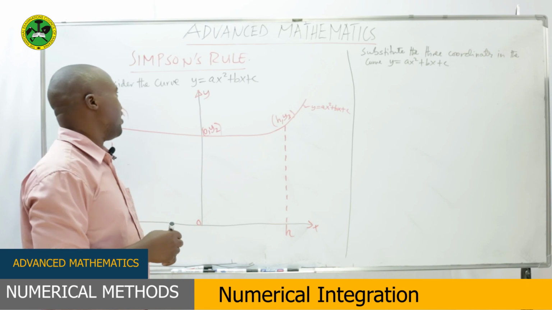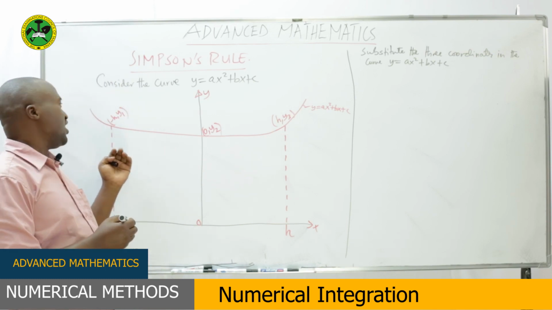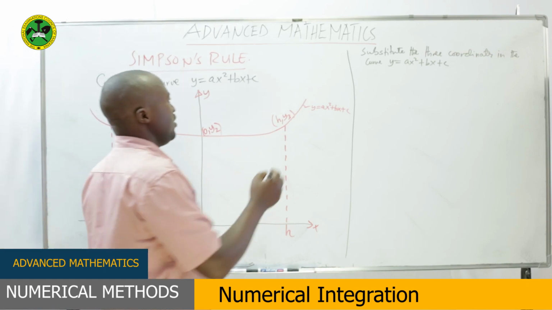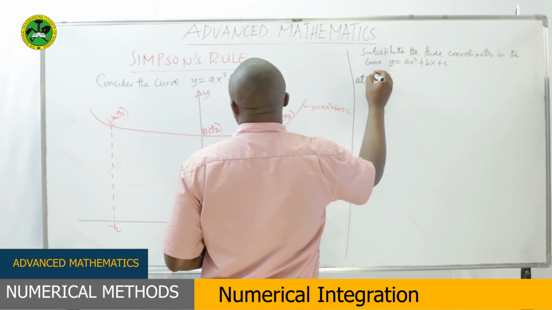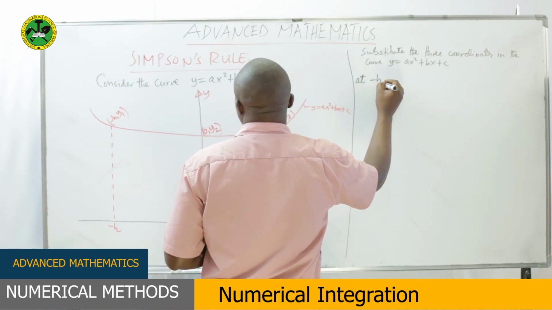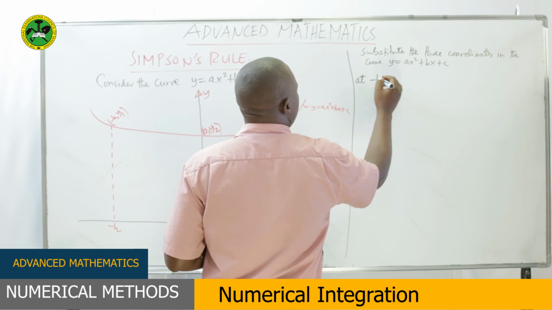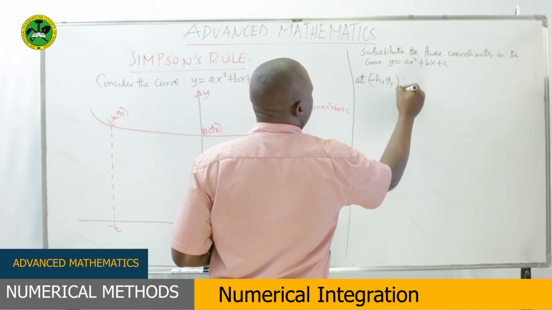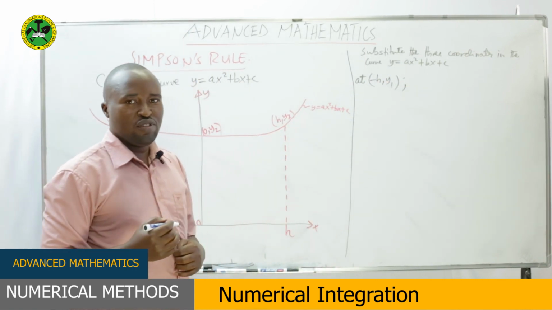In this case, for the first coordinate, that is negative h comma y1, we are going to have the following.